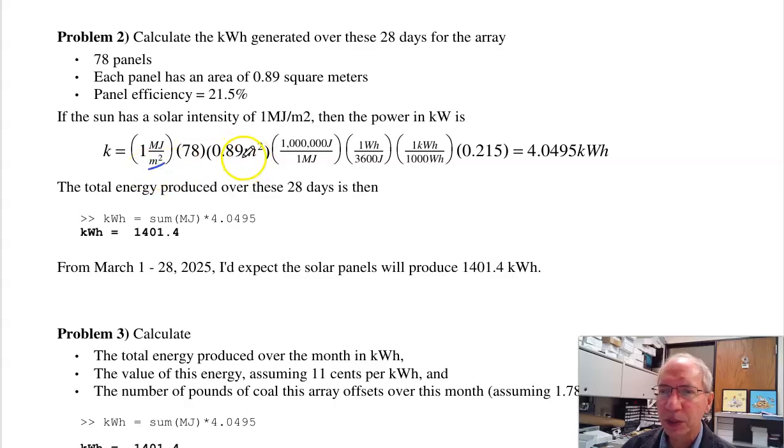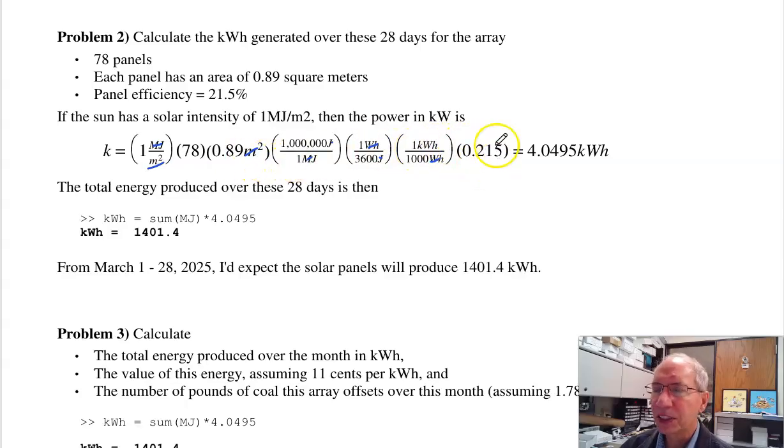This cancels with the square meters. To convert megajoules to kilowatt hours, there's 1 million joules in 1 megajoule. So the megajoules cancel. There are 3,600 joules in 1 watt hour. Joules cancel. There are 1,000 watt-hours in a kilowatt-hour. So I'm left with units of kilowatt-hours.